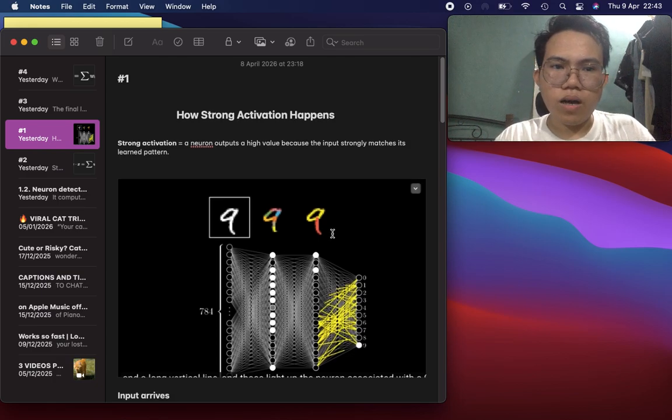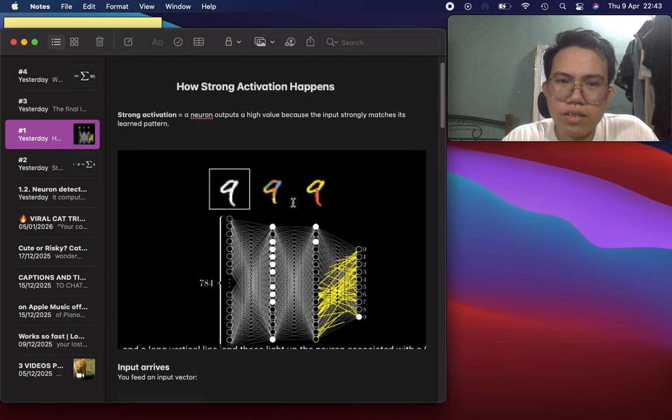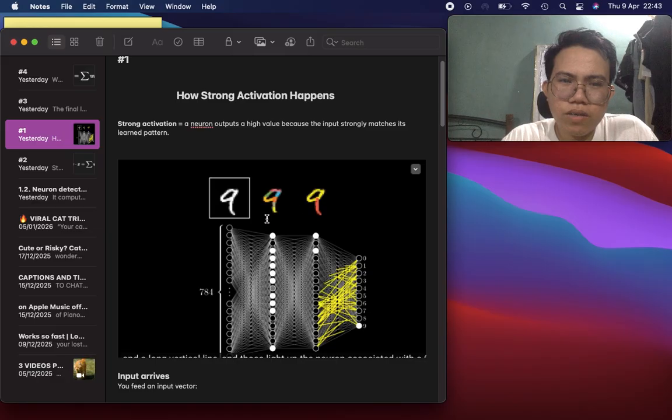So, how activation happens, and how strong activations happen, that makes the neurons light up like this and detect the features and predict the output.